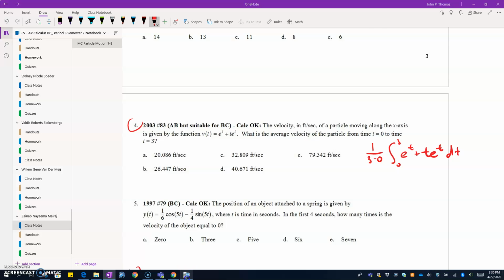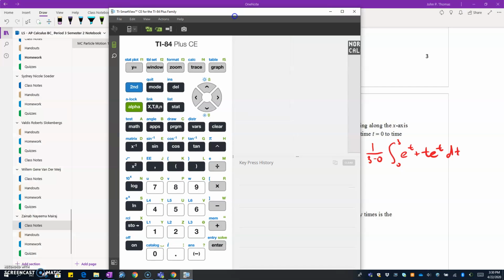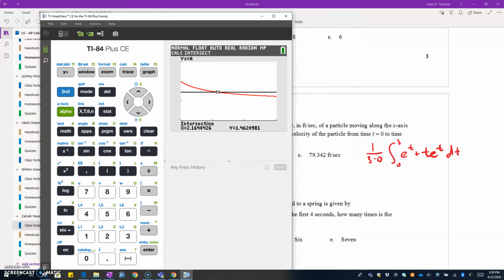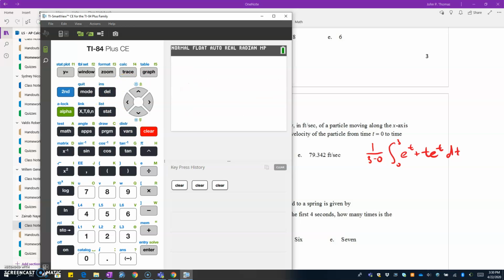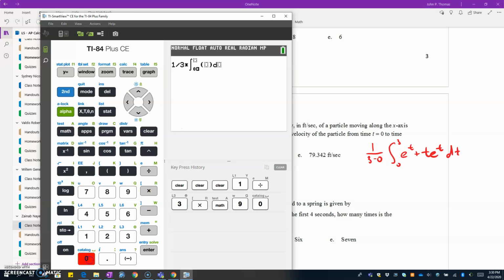Now, since this is calculator active, we're definitely going to lean on the calculator here. So I'm going to get that shrunk down just a little bit there. I'm going to clear out where I'm at. All right, back to my home screen. I've got 1 divided by 3, times the integral, so math number 9, from 0 to 3.